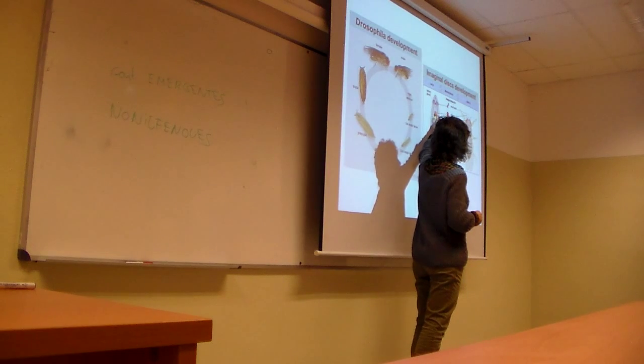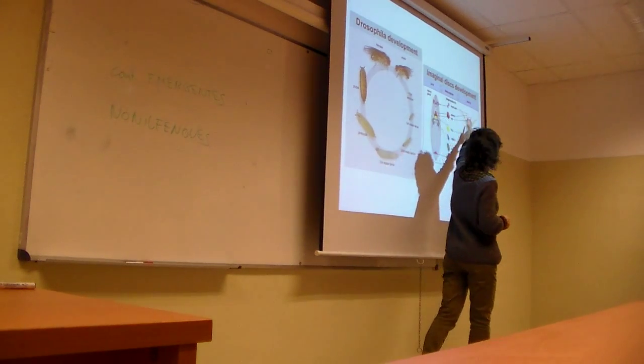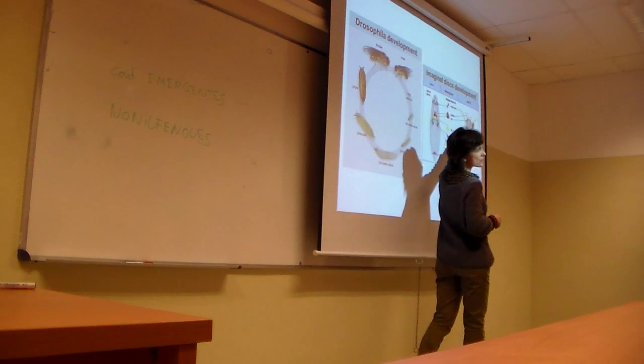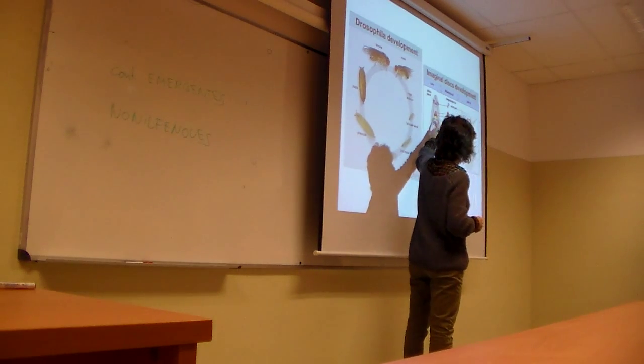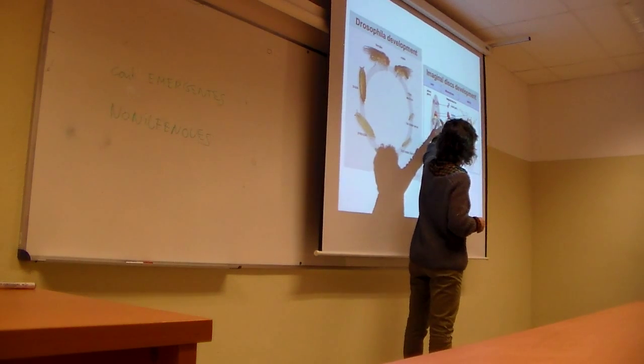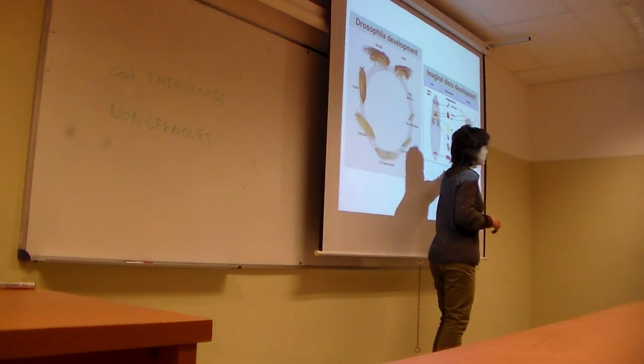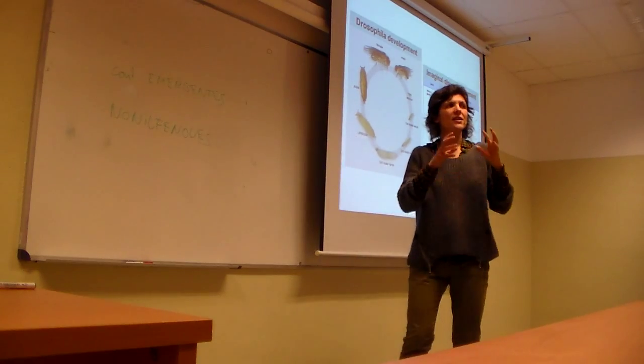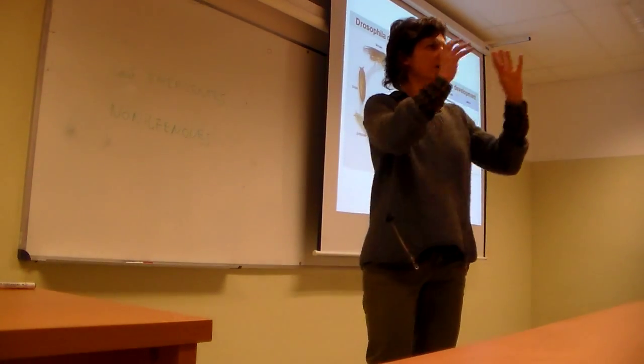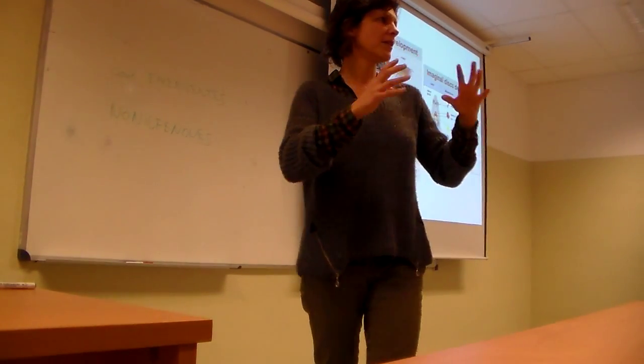For example, there are the imaginal discs of the antenna and the eyes, which in the adult will give rise to the antenna and the eyes, or these imaginal discs here, the imaginal discs of the wings, which in the adult will give rise to the wings. And it's perfectly well known how this happens because it has been very, very well studied.